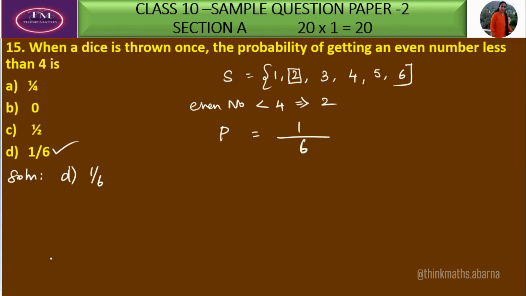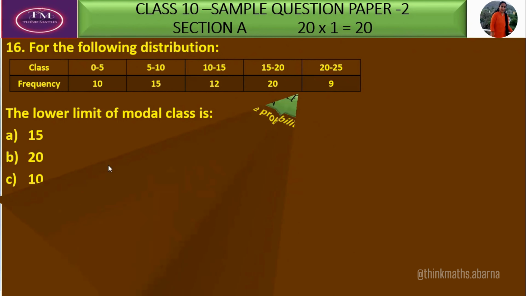Okay, children. So moving on to the 16th question. For the following distribution, there is a distribution with class and frequency. They are asking for the lower limit of the modal class. The frequencies are 15, 20, 10, 5. What is modal class? The class with the higher frequency. So who has the highest frequency? 20 is the highest frequency.